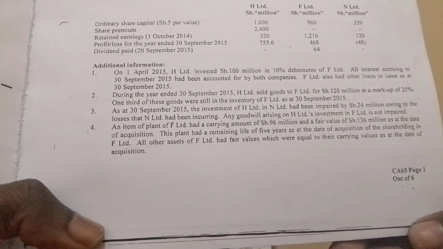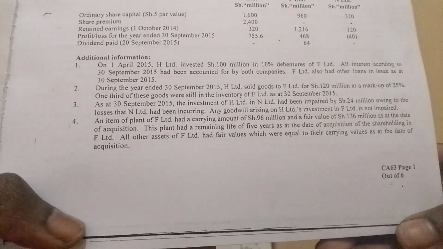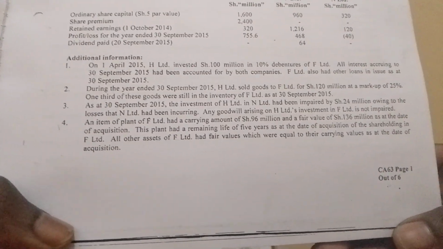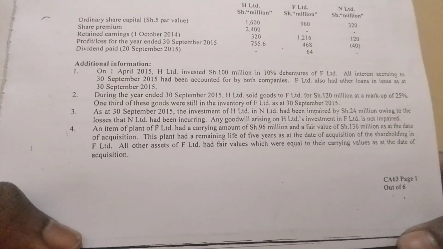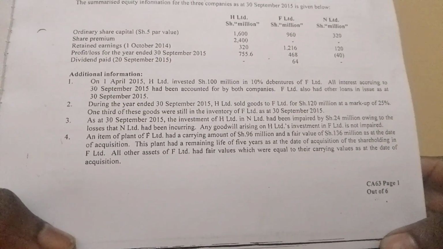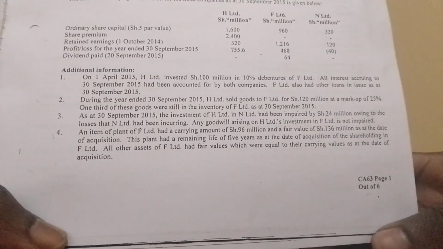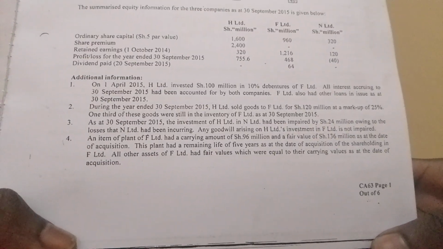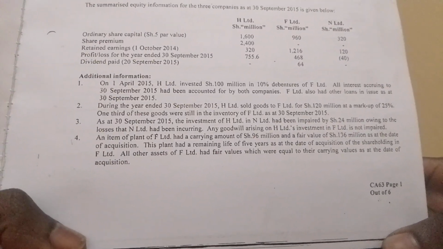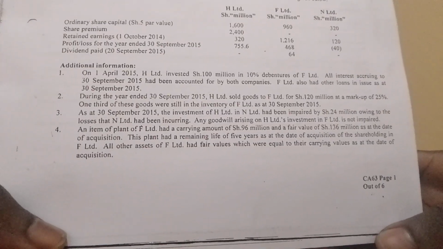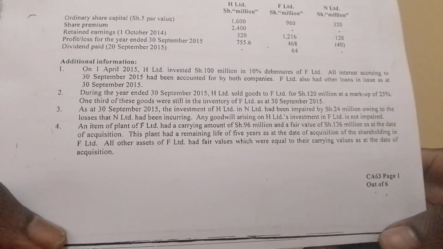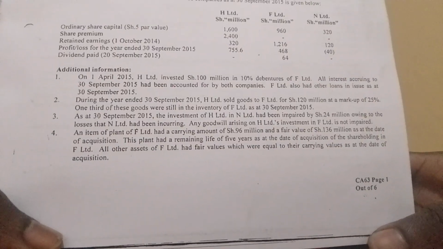Number 4. An item of plant of F Limited had a carrying amount of shillings 96 million and a fair value of shillings 106 million as at the date of acquisition. This plant had a remaining life of 5 years as at the date of acquisition of the shareholding in F Limited.